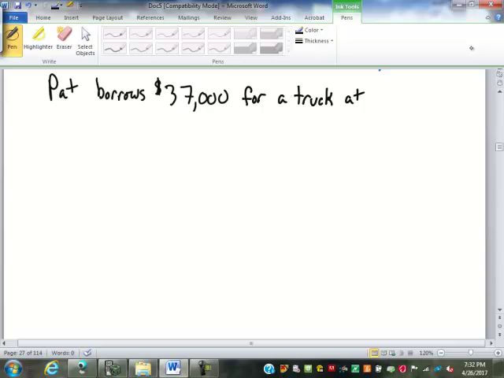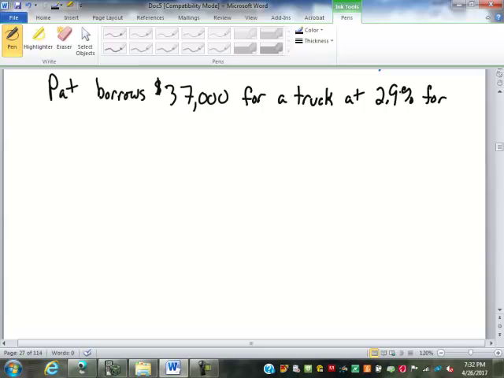Now, let's say Pat has pretty good credit. I've actually seen auto loans as low as like 1.9%, but we're gonna give Pat here 2.9%. And I can remember when 5 years was the longest they would ever go on an auto loan.